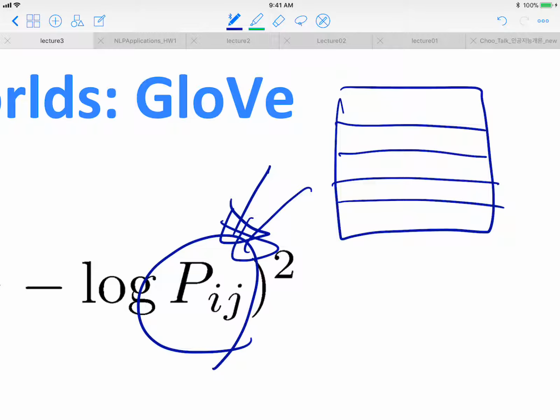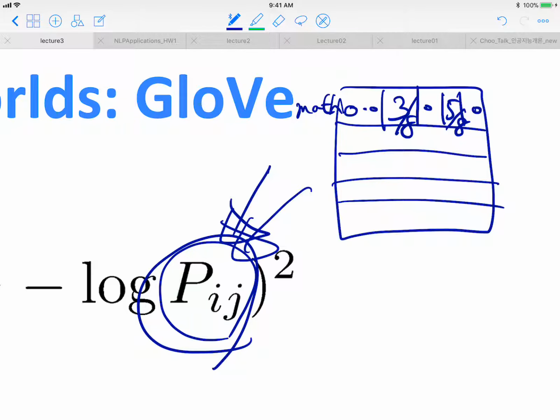So if mass co-occurred with study 3 times, and with science maybe 5 times, and all others 0, it will be normalized as 3/8 and 5/8, right? So this is the meaning of this Pij, okay?